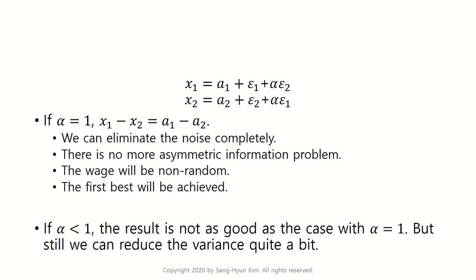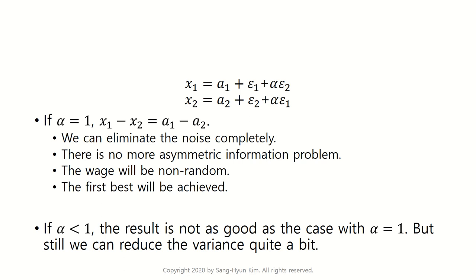So what that means is by eliminating this noise, we can eliminate the asymmetric information problem in a sense. So you may think that we can recover the difference in effort by comparing the performance measures. By subtracting x2 from x1, we can recover the difference in effort, but that doesn't mean that effort itself is recovered.